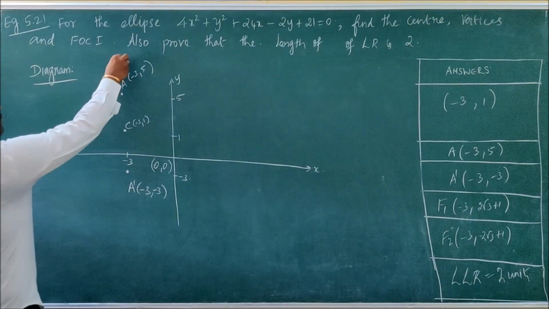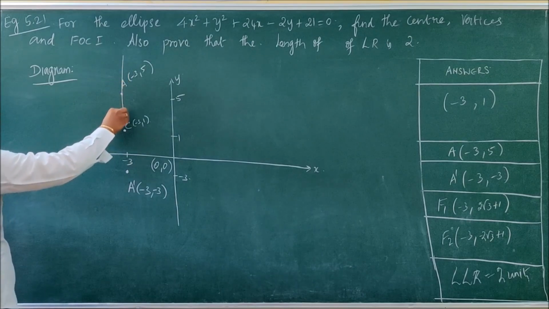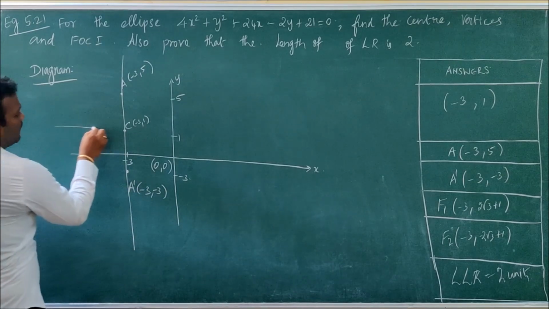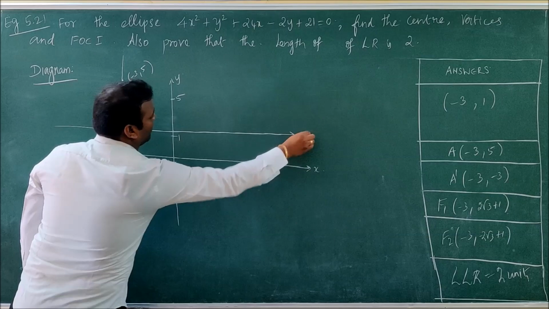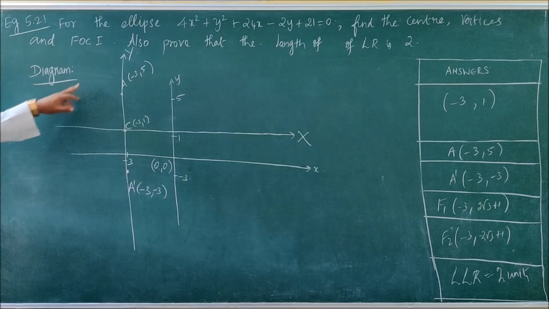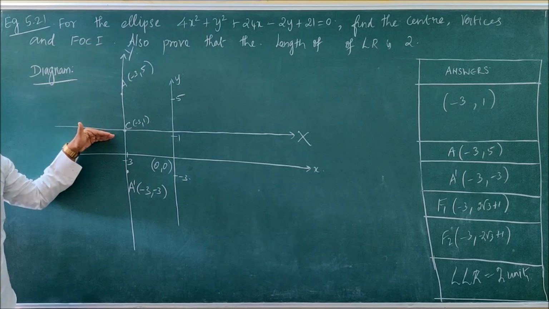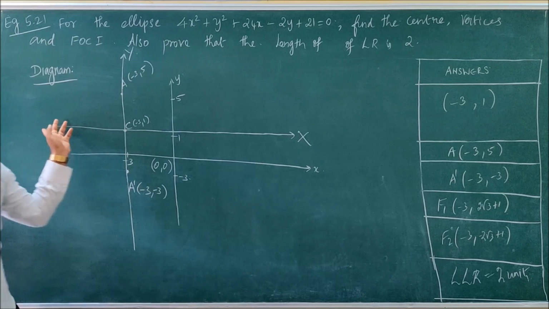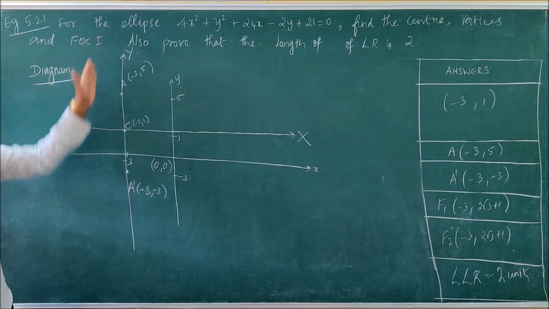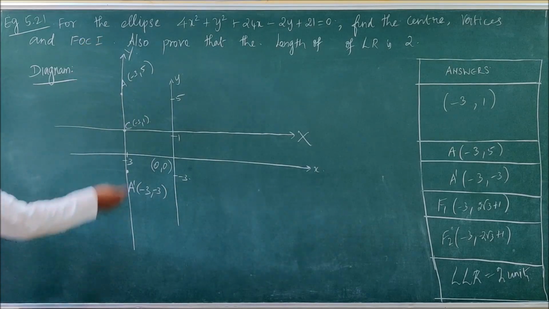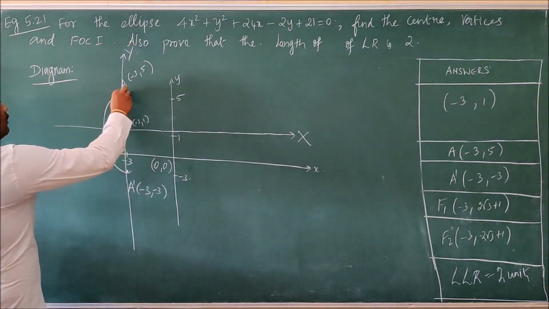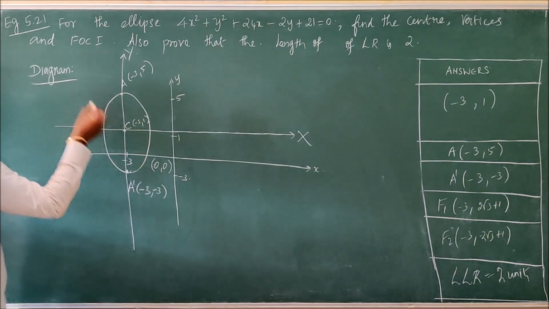Now you have to join this line. And from the center you have to draw two other lines: one parallel to the small x axis, take it as capital X, and one parallel to the small y axis, take it as capital Y. Now you have to draw the ellipse by joining the vertices, and you will get the ellipse like this.